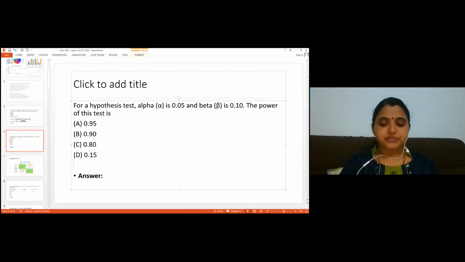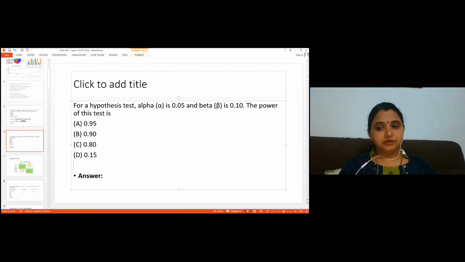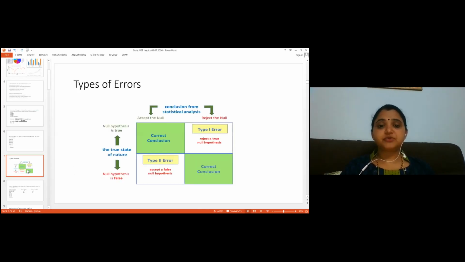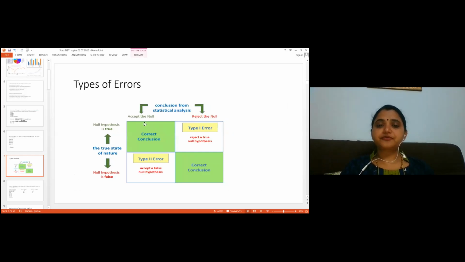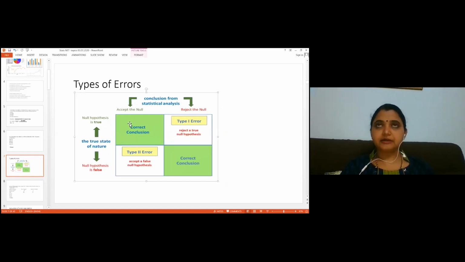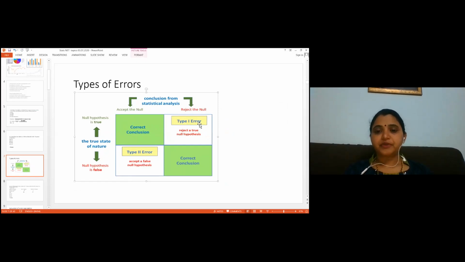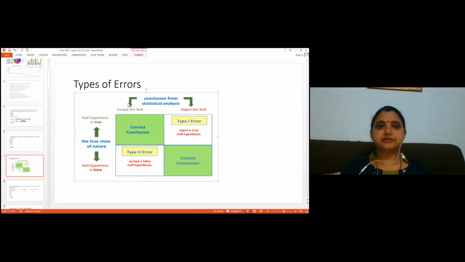Okay, let's proceed. Is the power 0.95? No, Professor. The answer is 0.99. Power is 1 minus beta. Power is 1 minus beta. If you all remember, there are 2 types of errors in testing of hypothesis: type 1 error and type 2 error.